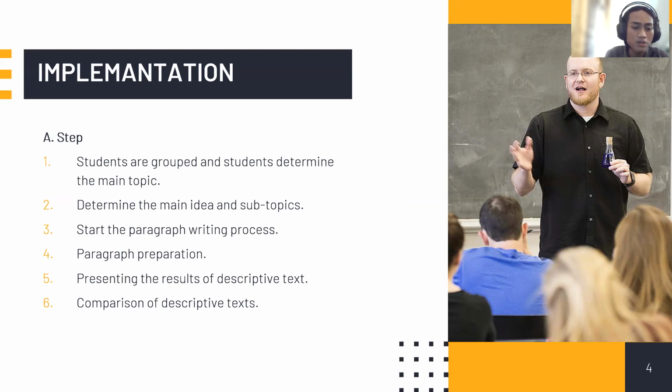The group leader reads the finished text to all class members, and the last is comparison of the text. The teacher gives groups an example of a finished text as a comparison to the text they made.